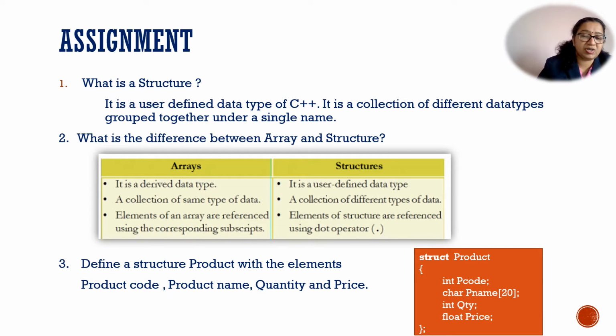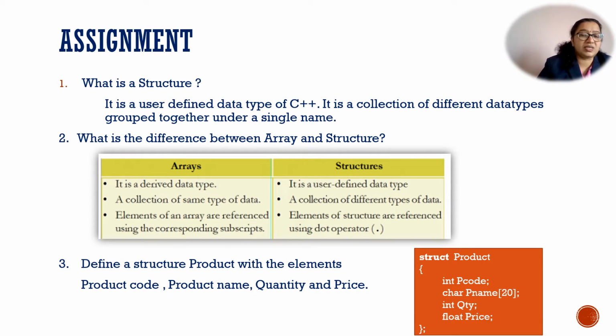An array is a collection of the same type of data, a structure is a collection of different types of data. Then in arrays, elements of an array are referenced using the corresponding subscripts. Subscript means index. Then in structure, elements of structures are referenced using the dot operator. So these are the differences of arrays and structures we studied.